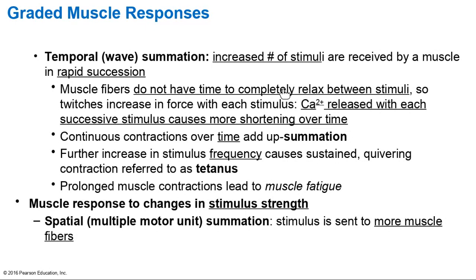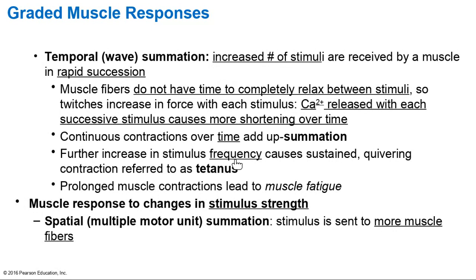And in order to have normal muscle contractions or regular muscle contractions, you have to be able to complete this relaxation phase to its end. All right, you must be able to complete that. If the cell is not able to complete that relaxation phase, because there are an increased number of stimuli in a short period of time going to that muscle, then you will have tetanus.